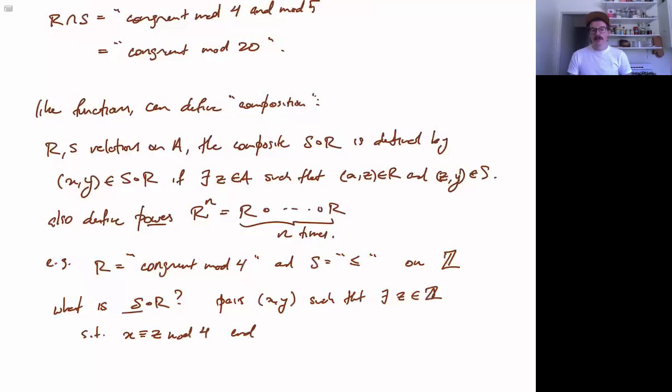Then we say that z is related to y in S, so z is less than or equal to y. And let's think for a second about what this is saying. Is there a number less than or equal to y that is congruent to x mod 4? And we know that there are infinitely many numbers congruent to x mod 4. They happen every fourth number. So you can always find one that is less than y. So you can always do this.